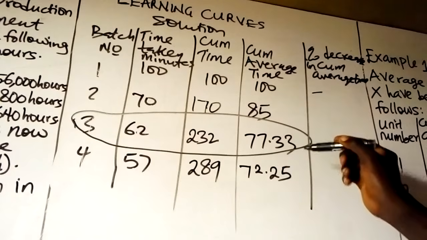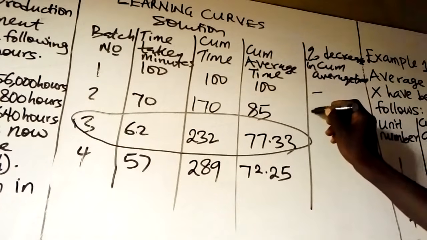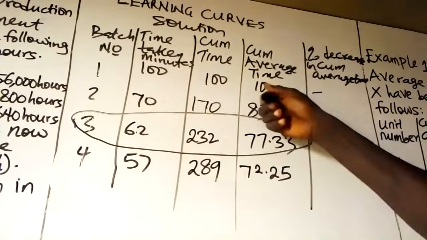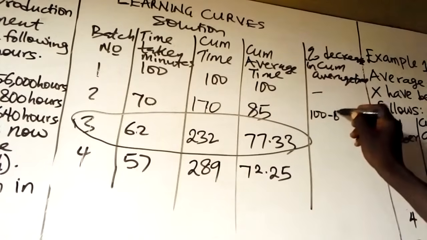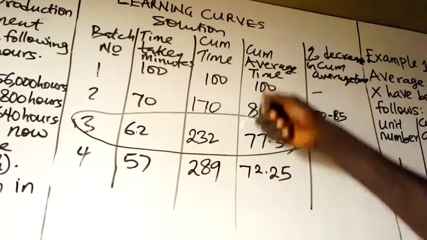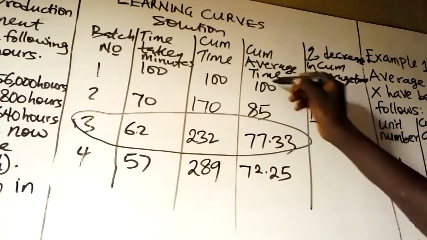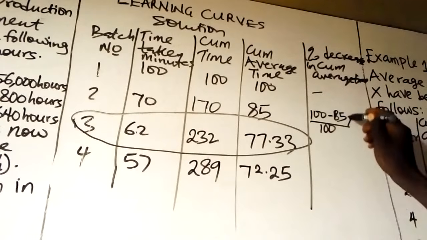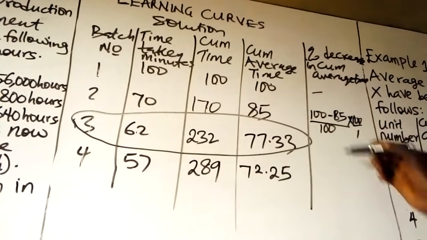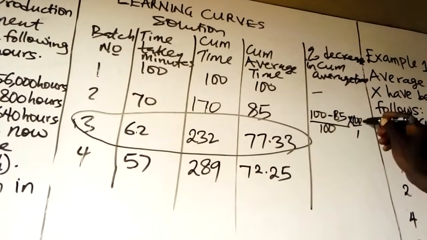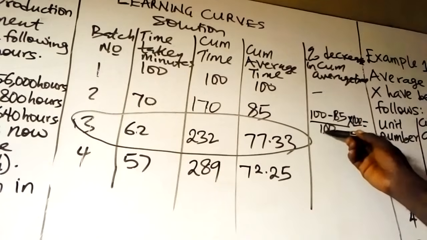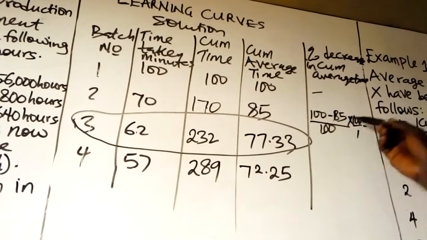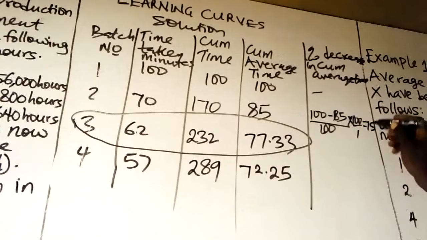For this column, you have the first value 100 minus 85, over the first number, which is 100 again, times 100. 100 minus 85 gives us 15. 15 divided by 100 is 0.15. 0.15 times 100 is 15%. Percentage decrease is 15%.